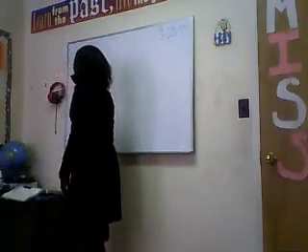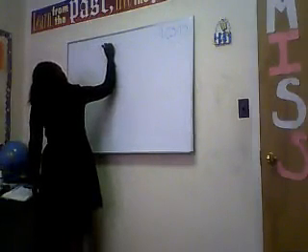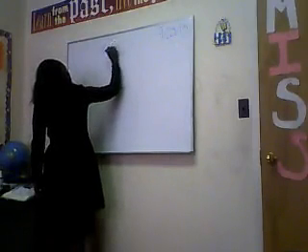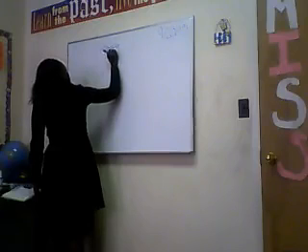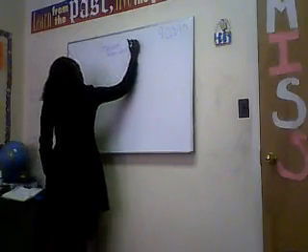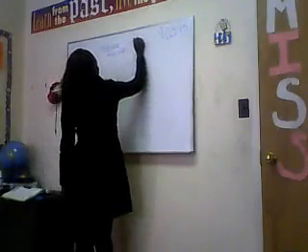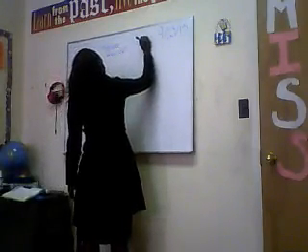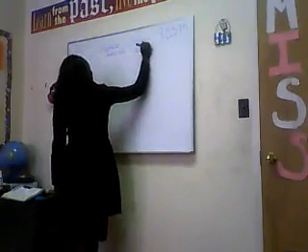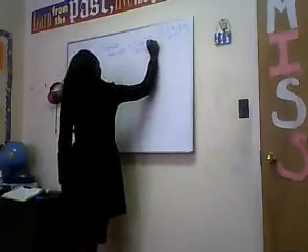Alright, so improper fraction to mixed numbers. You just converted a mixed number to an improper fraction, but now you have to know how to convert an improper fraction to a mixed number.